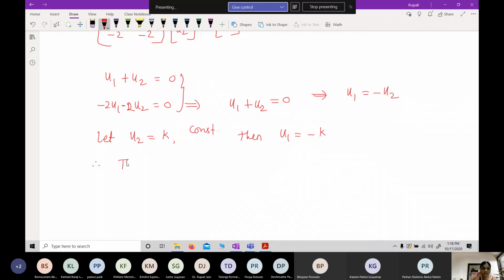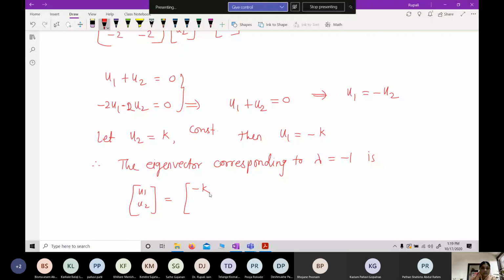Therefore, the eigenvector corresponding to lambda is equal to -1 is given by u1 is minus k, u2 is k. So k times (-1, 1). Is that okay?